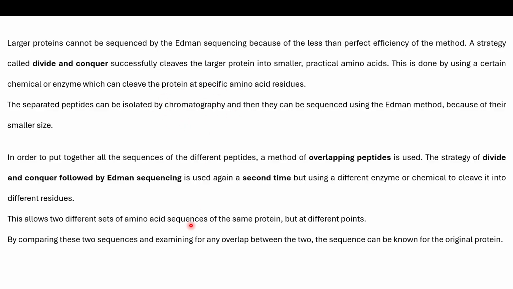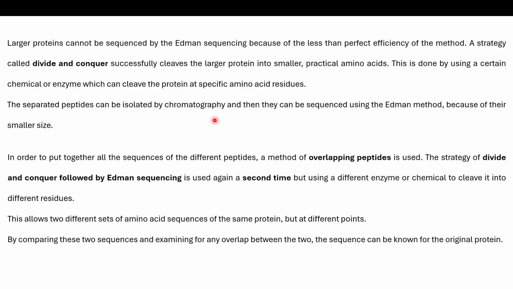So what is happening here? You first digest with a particular protease having a certain cleavage site, and then with another protease that has a totally different cleavage site.